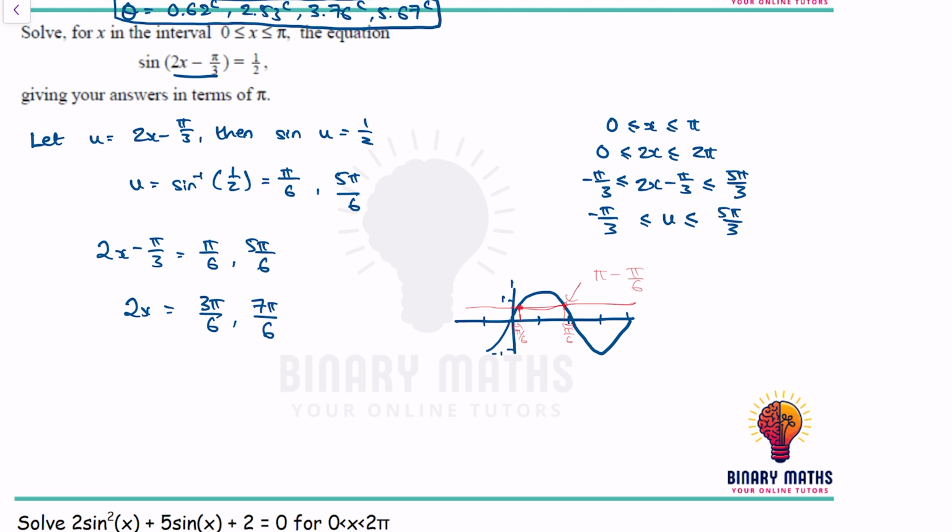Okay, then divide by 2. So if I divide by 2, I get 3 pi over 12 and 7 pi over 12, which can be simplified to pi over 4 and 7 pi over 12.